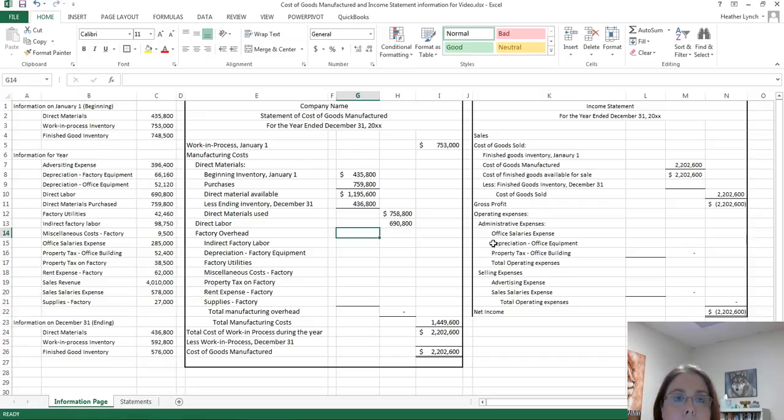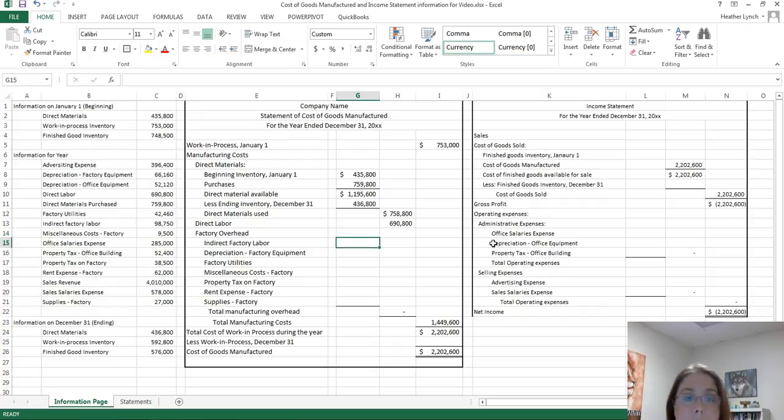Well, you don't have to put exactly 10 staples in, so that's going to be indirect. We also want to make sure that we put in expenses that are directly related to the factory. That's why it's called factory overhead.